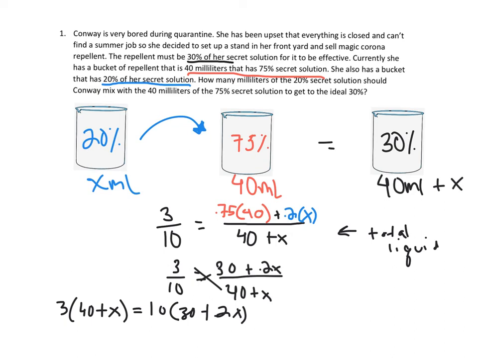So if I distribute the 3 and the 10, we end up getting 120 plus 3x equals, if we distribute that 10, 300 plus 2x. And then by subtracting 2x from both sides and subtracting 120 from both sides, we get x to be 180 milliliters.